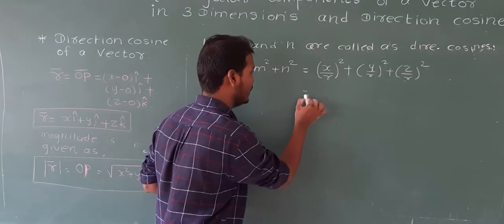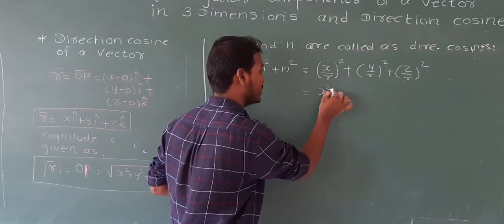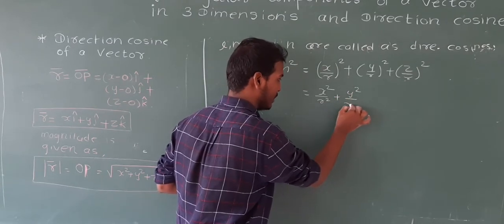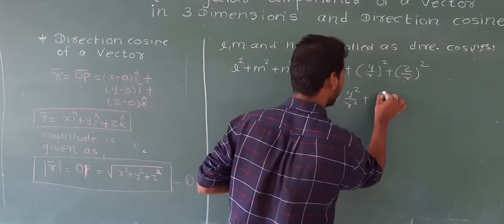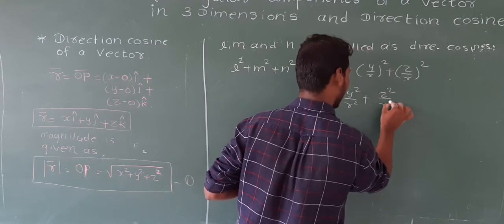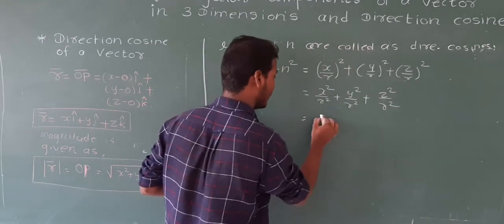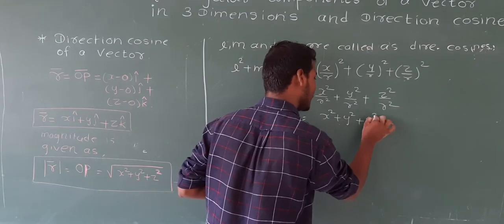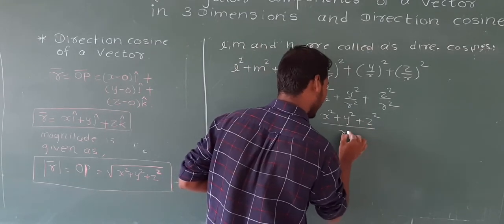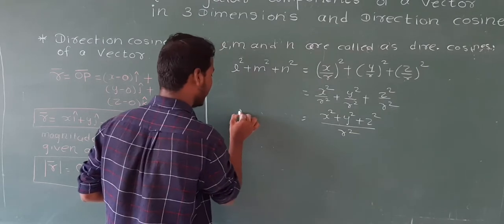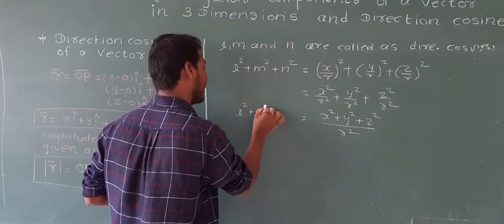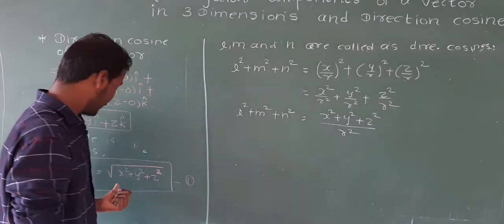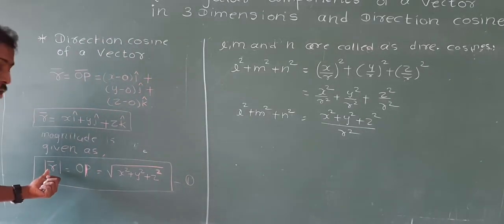So we will simplify it. x square by r square plus y square by r square plus z square by r square. r square is common here, so x square plus y square plus z square divided by r square is l square plus m square plus n square. Here we have mod r.